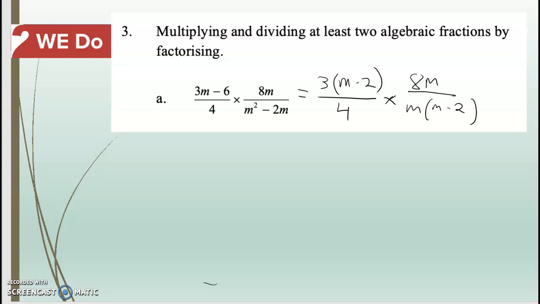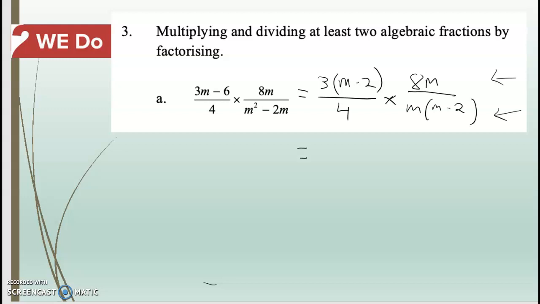Now after we've factorized, we can then cancel. Now the good news is that because everything's already in a factorized form, we don't even need to take the step of joining the numerators and the denominators, because they're all just factors that are multiplied together. So we can simply cancel anything from the top all the way across this line with anything on the bottom all the way across that line.